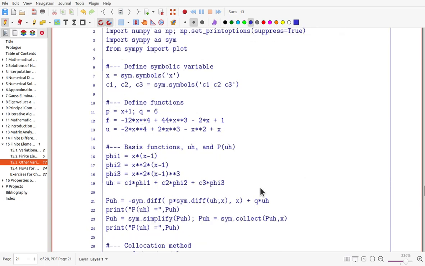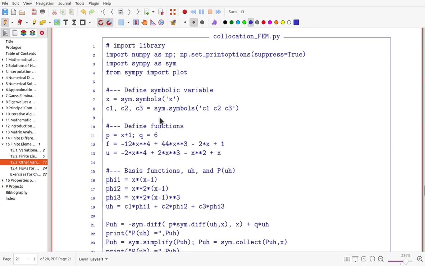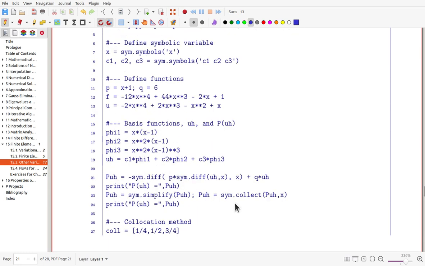Okay, start with the import from sympy, and the symbols are P and Q, and now there is the right side, the true solution, and phi 1, phi 2, phi 3, and our u sub h, the approximate solution, is a linear combination of the basis functions.